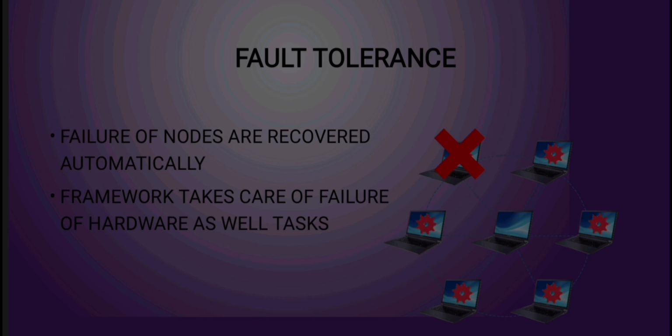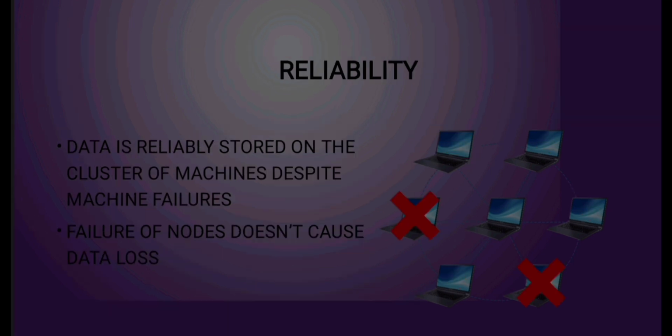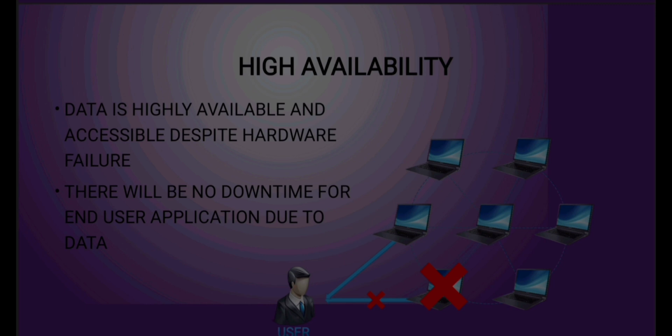Failure of nodes is recovered automatically, and the framework takes care of failure of hardware as well as tasks. Reliability. Data is stored on the cluster of machines despite machine failures, and failure of nodes does not cause data loss. High availability. Data is highly available and accessible despite hardware failure.